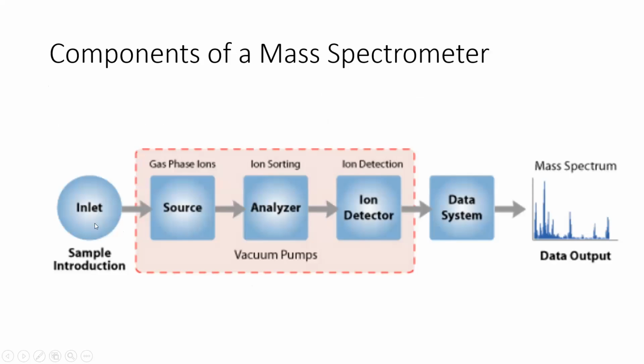So this is the instrumentation again: the sample introduction from the inlet. You have the ion source, or ionization source, where the sample is vaporized into the gas phase. You have the electromagnetic analyzer where the ions are sorted or separated according to their mass to charge ratio. You have the ion detector. The ions arrive at different times, just like people running on a track, each arriving at different times according to their speed.